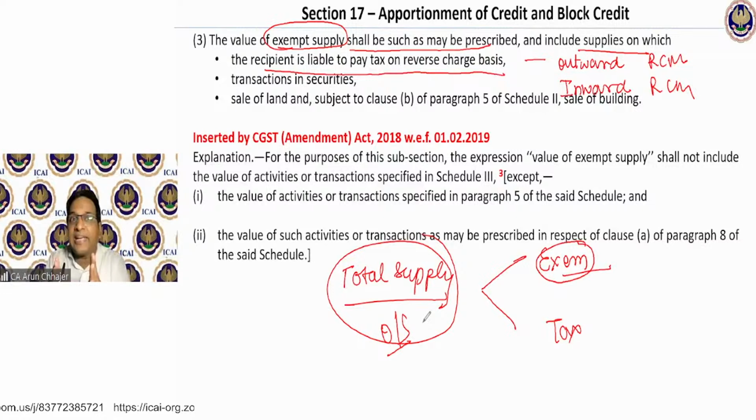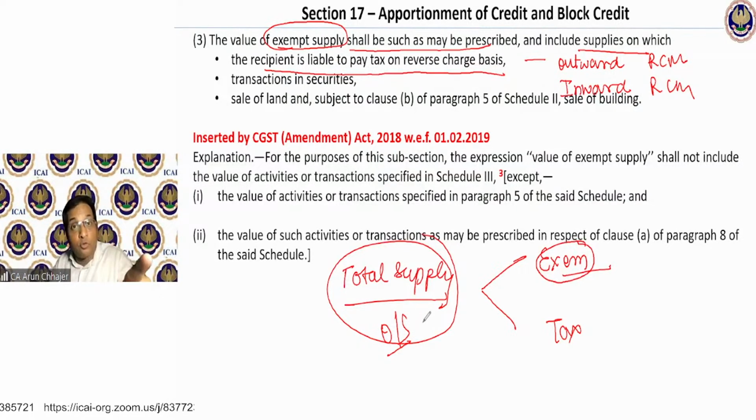So why are we calculating the exempt supply? Here we are calculating the exempt supply for the purpose of reversal of ITC. Why reversal, sir? Because I am calculating my exempt and my taxable. Section 17 says that whatever ITC you have taken, you need to apportion between exempt and taxable, because to the extent of exempted you cannot take the ITC. So they are talking about outward supply.